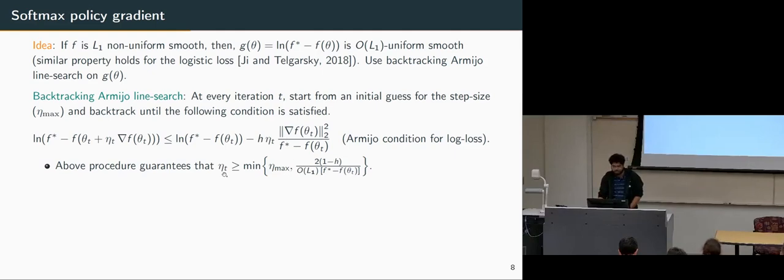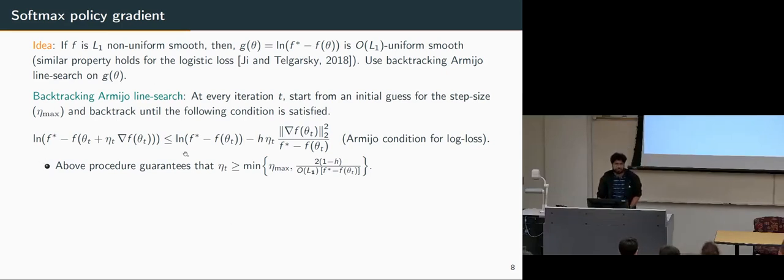The above procedure, if you run it, will guarantee that the step size returned by this line search is greater than the min of eta max and something that is now scaling as 1 over f star minus f theta t. So as this is going to 0, the step sizes are increasing, and this is again getting you the benefit of simulating normalized gradient descent, but without knowing any unknown constant.